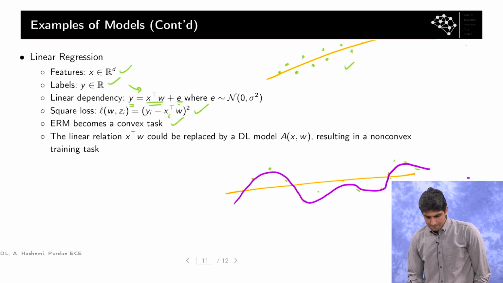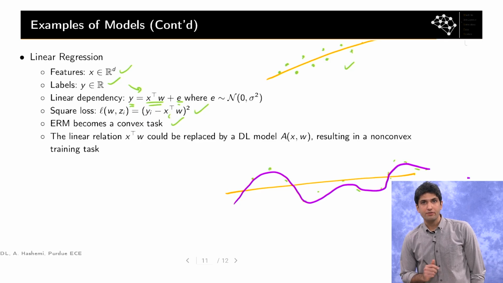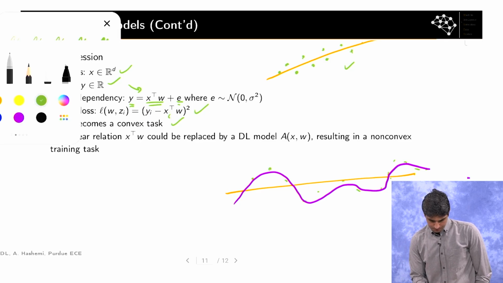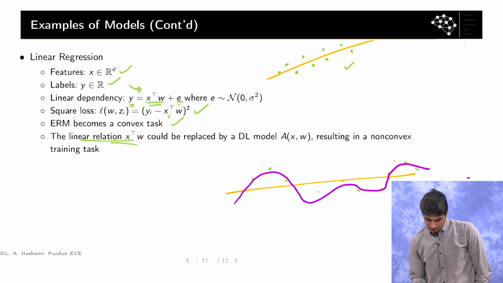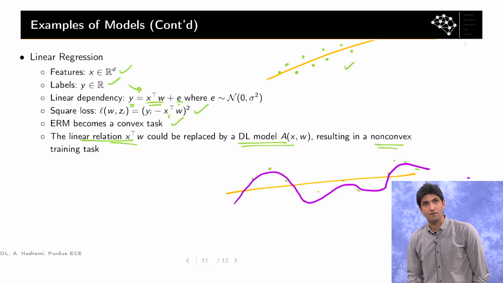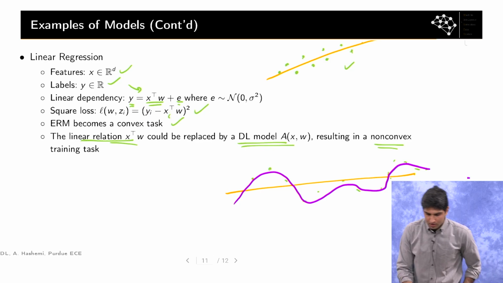Okay? And we can do this in practice by replacing this simple linear relationship with a much more complicated and nonlinear model, for instance, using a deep learning architecture. And the catch is that this is going to typically be a non-convex training task.